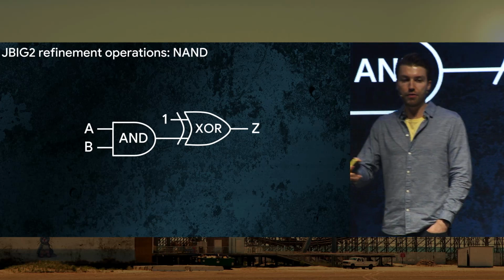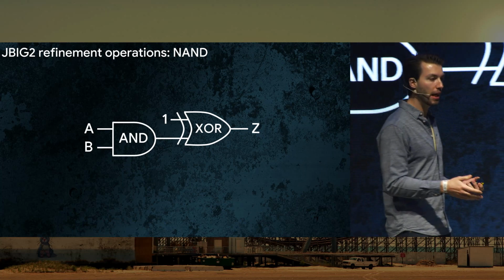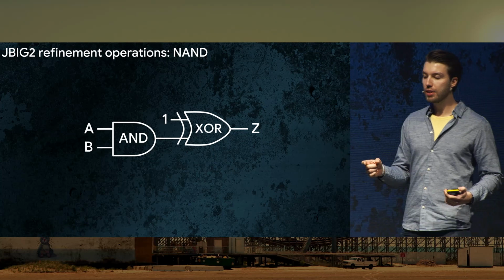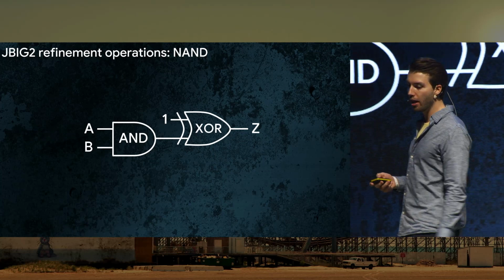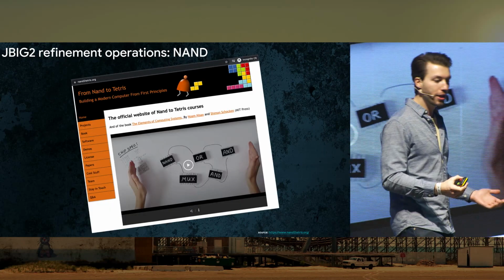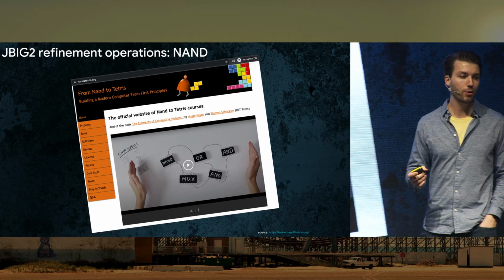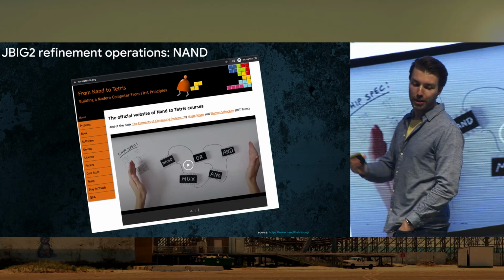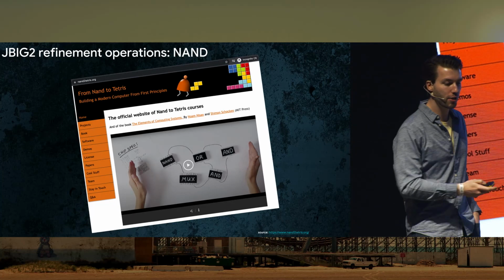Well, if you have these 4 gates, you can build other gates, right? For example, if you combine an AND with an XOR with a constant of 1, that gives you a NAND gate. The XOR is a negation, so this makes a NAND gate. And a NAND gate lets you build all kinds of stuff. You can build every circuit from NAND. There's a website where they teach you how to build a full-scale computer just from NAND gates and then write Tetris for it.